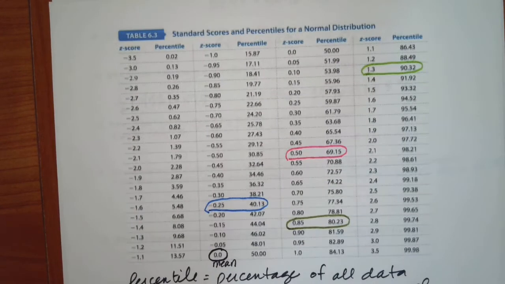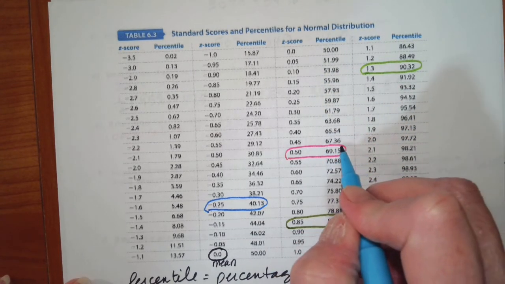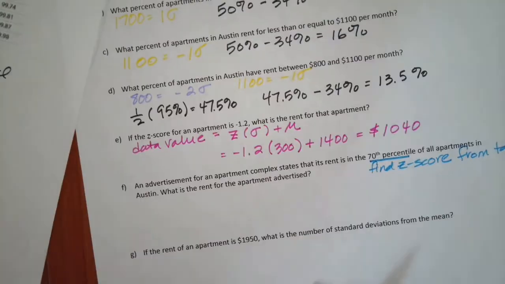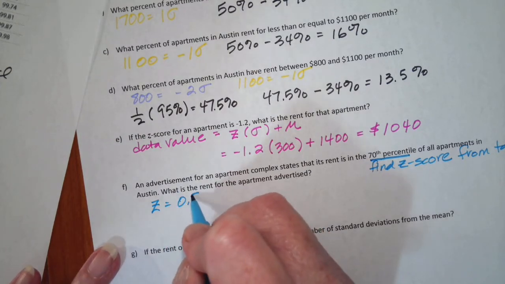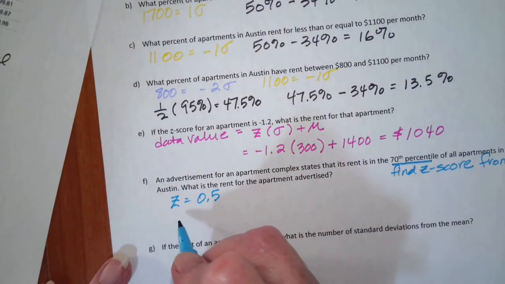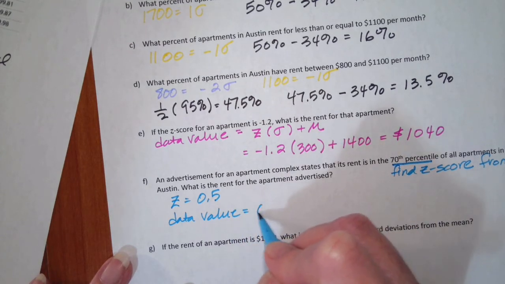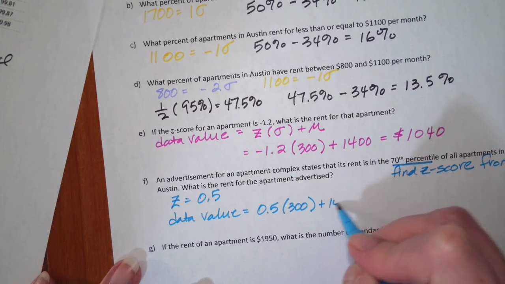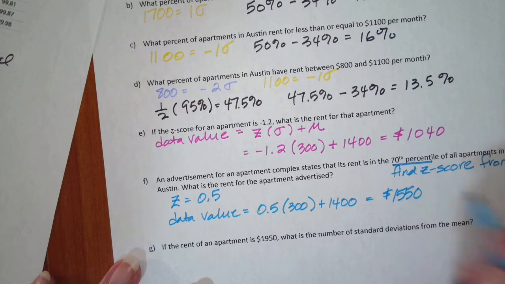So I'm going to find the closest one. Okay, the closest one actually is this one. So that tells me the z-score is equal to 0.5. So then I'm going to use this formula here. So the data value is equal to the z-score times the standard deviation plus the mean, which is 1550.